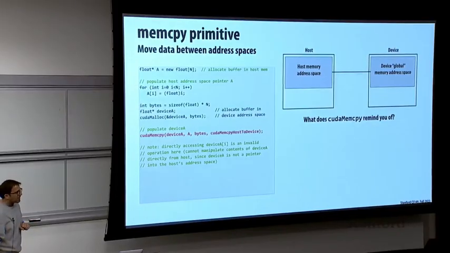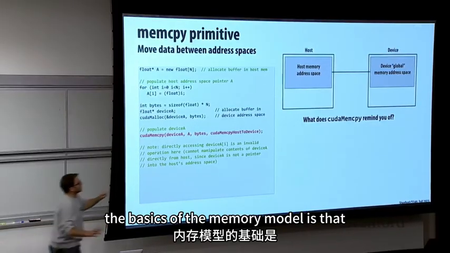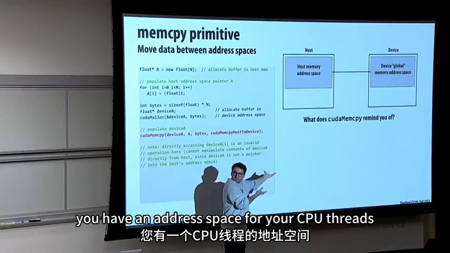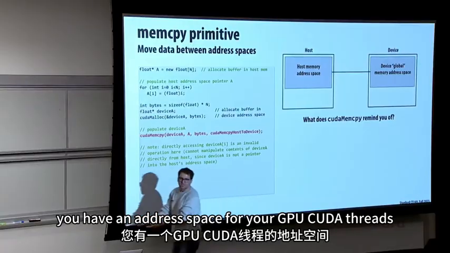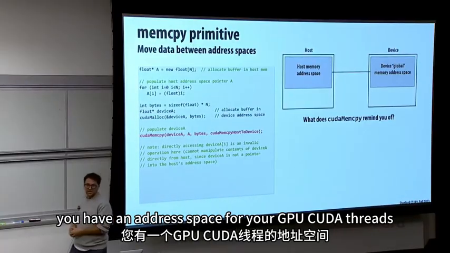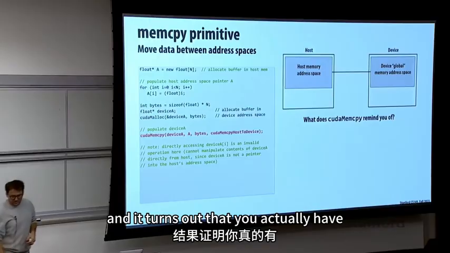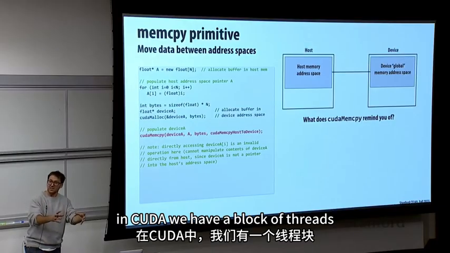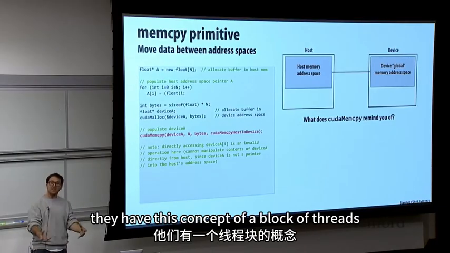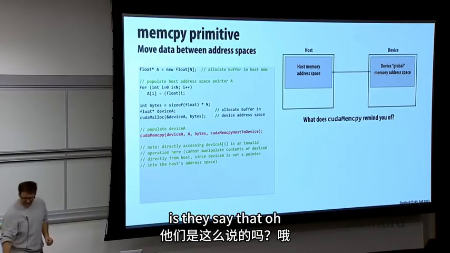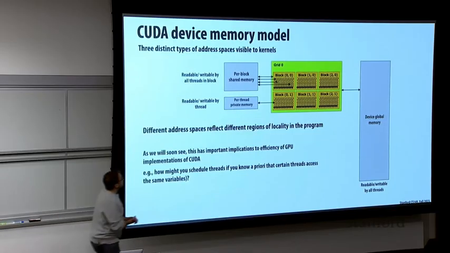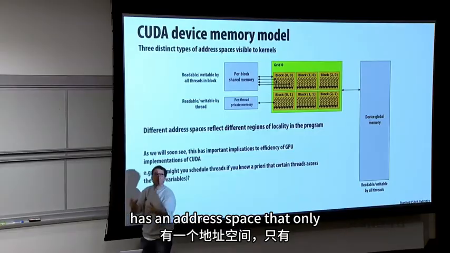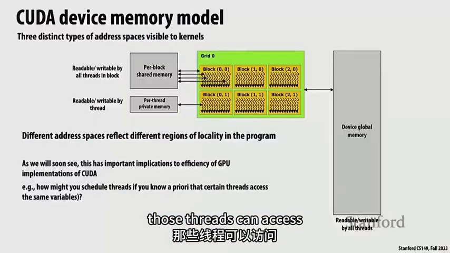Okay. All right, so the basics of the memory model is that you have an address space for your CPU threads. You have an address space for your GPU CUDA threads. And it turns out that you actually have additional address spaces in CUDA. We have a block of threads. And one reason why they have this concept of a block of threads is that every thread block has an address space that only those threads can access.